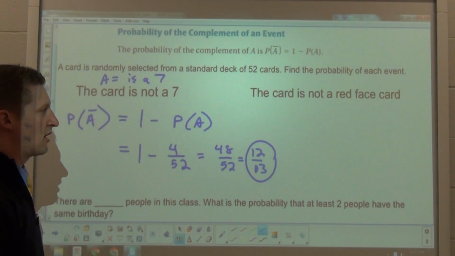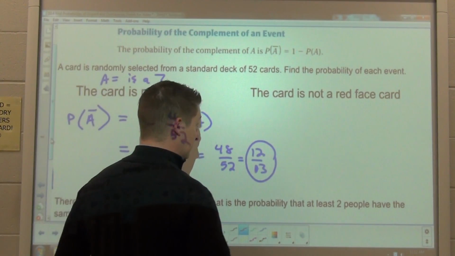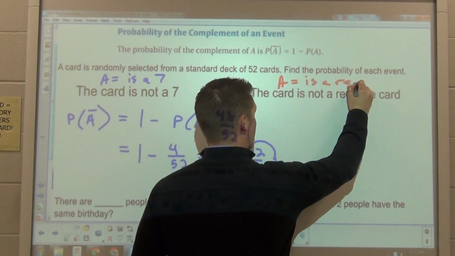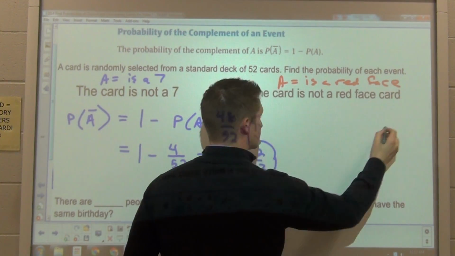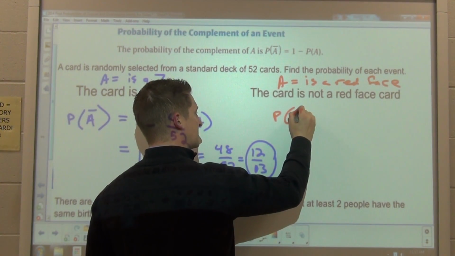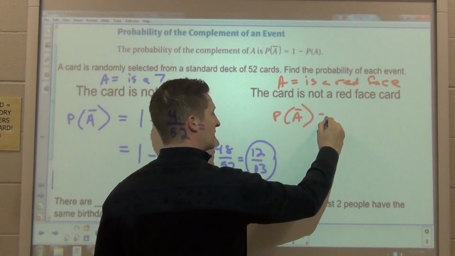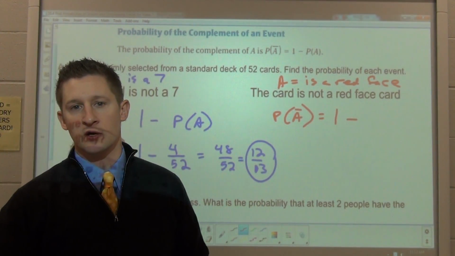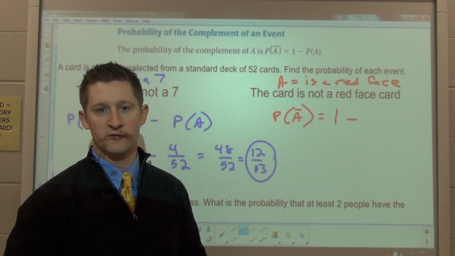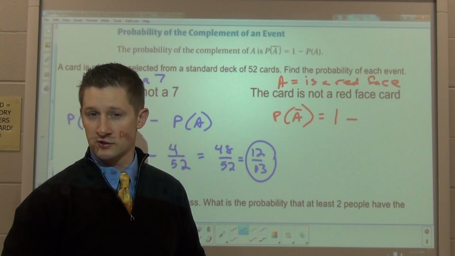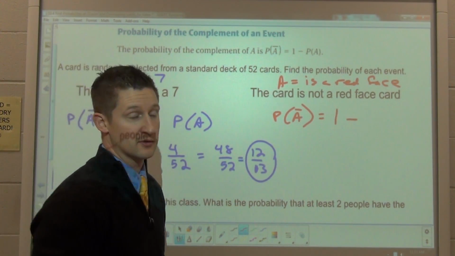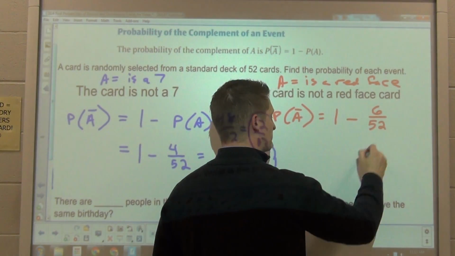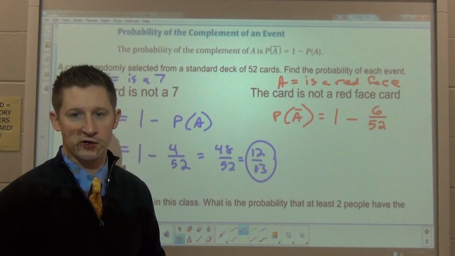Now, how about the card is not a red face card? Well, in this case, the event A would be that it is a red face card. So if I want the probability of the complement, not getting a red face card, I take 1 minus. Let's see, there's 3 face cards with hearts, 3 face cards with diamonds, so there's 6 face cards that are red out of the 52 possible cards in our deck.